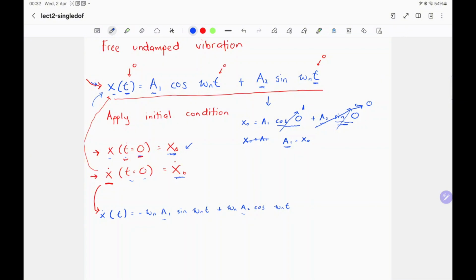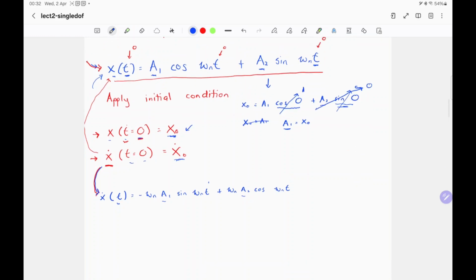So in order for us to get A2, this is where we use the second initial condition. We replace the time equals 0 in this equation. So when time equals 0, sin 0 is 0, so this whole term will become 0, because 0 multiplied with something gives 0, right?